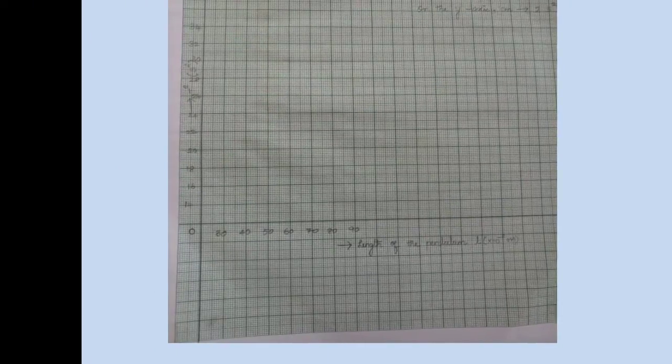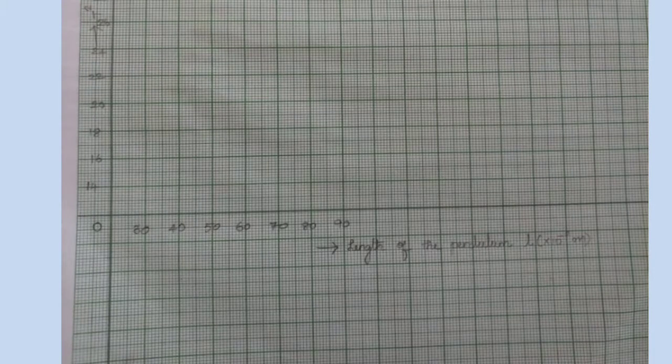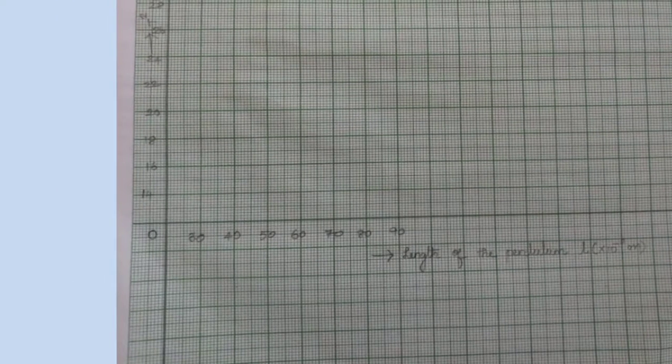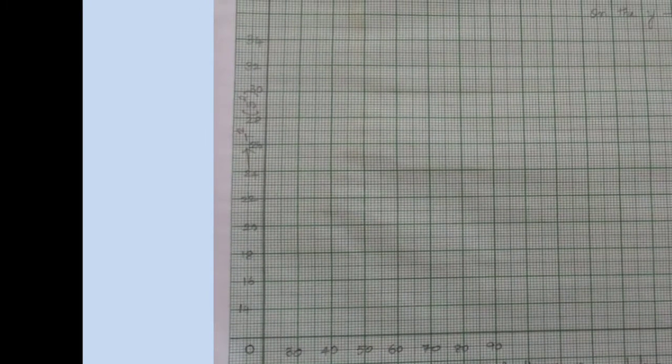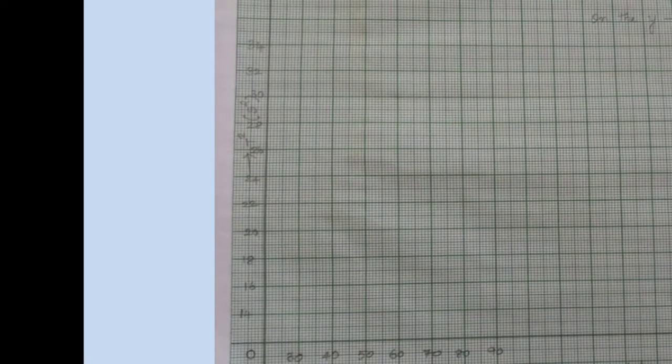So we have taken an appropriate graph and plotted these scale values along the x-axis and y-axis. Look at the values along the x-axis, that is the length of the pendulum. They are marked as 30, 40, 50, 60, 70 and 90. And along the y-axis we can see 14, 16, 18, 20.